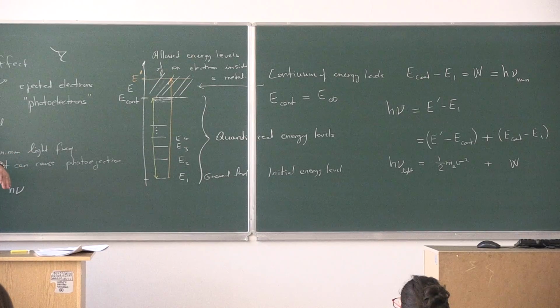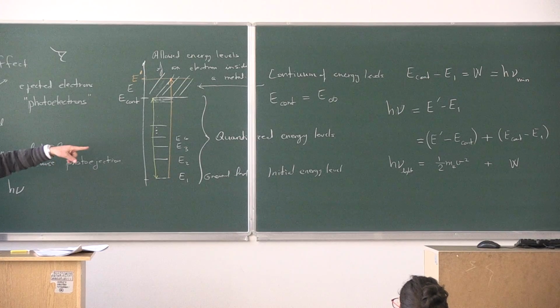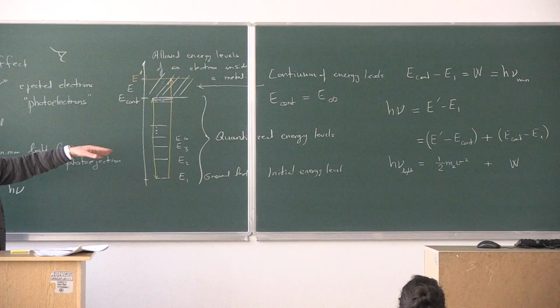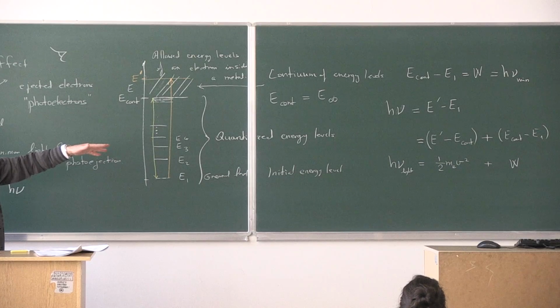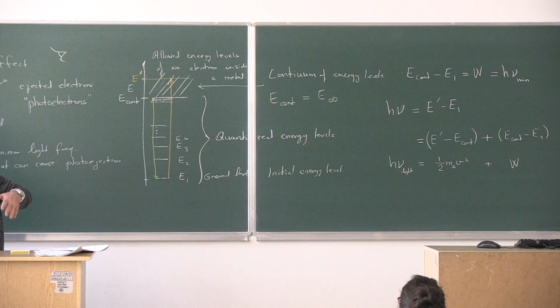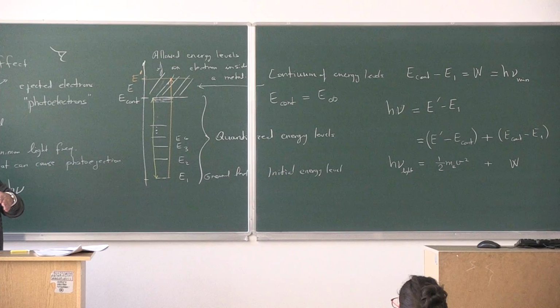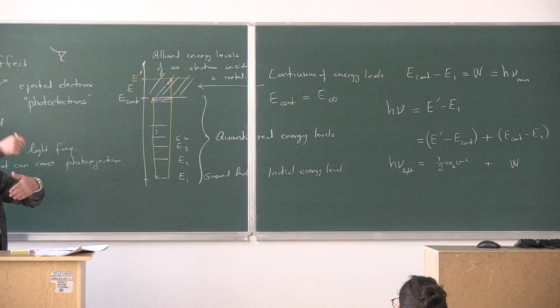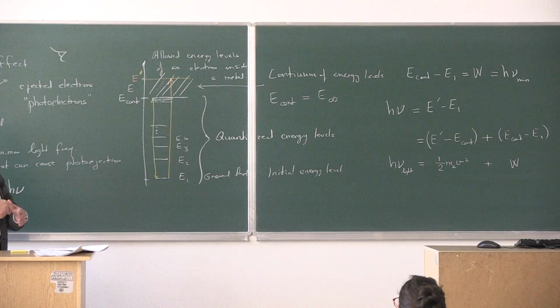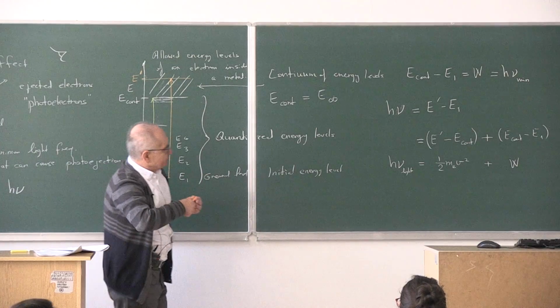Therefore, the meaning of W sounds like ionization energy, but it doesn't fit our chemical definition of ionization energy. It is ionization from a solid, from a metal. All right? Okay.